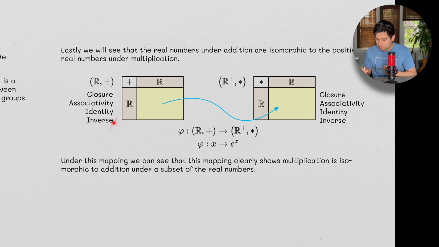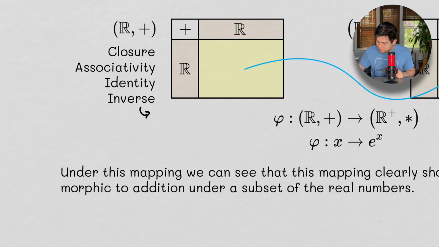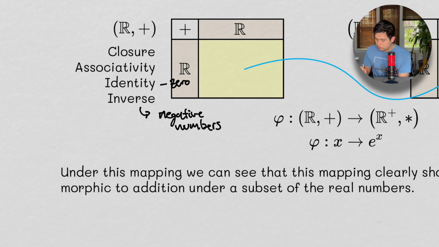So that's the inverse. So inverses are negative numbers. I'll just write that. Negative numbers. Identity is 0. And then associativity and closure.